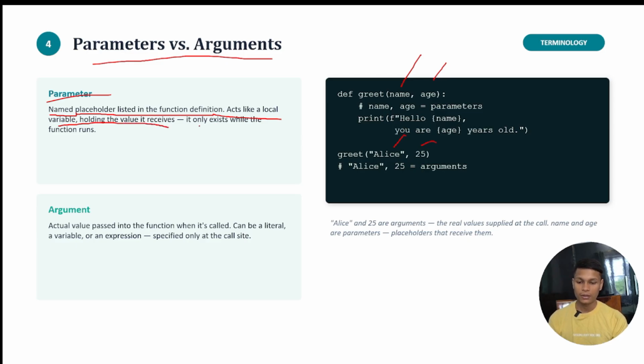The thing written inside the brackets is known as the parameter. A parameter is also a variable, and it is a local variable.